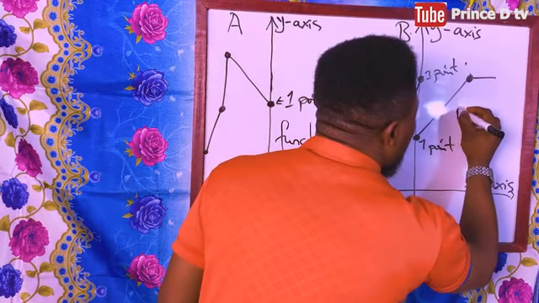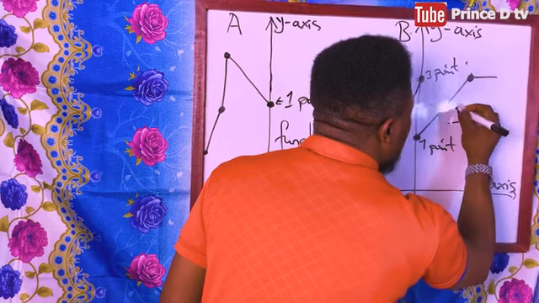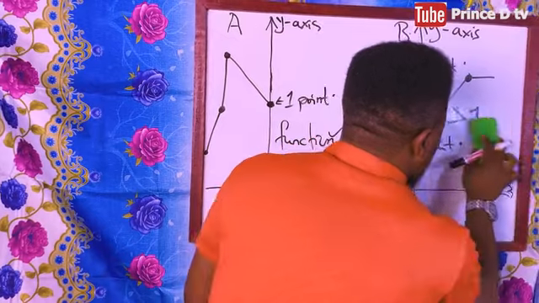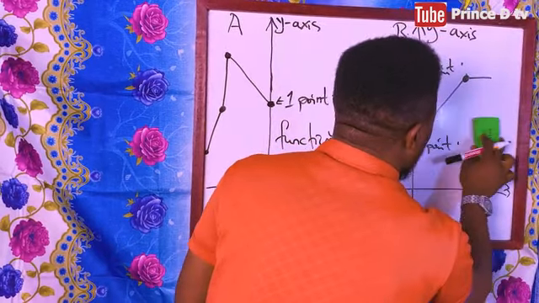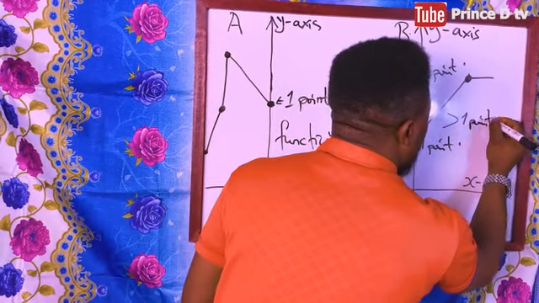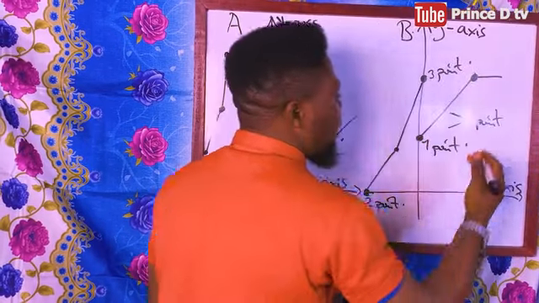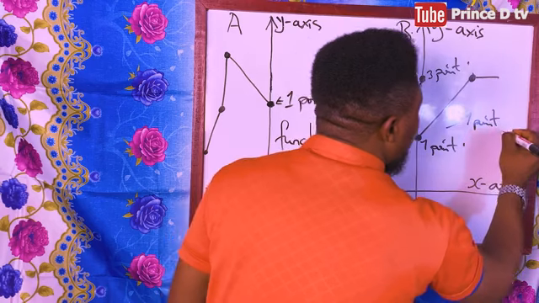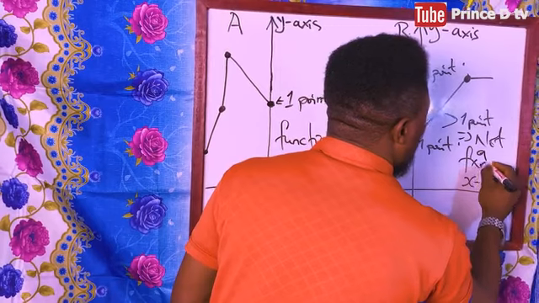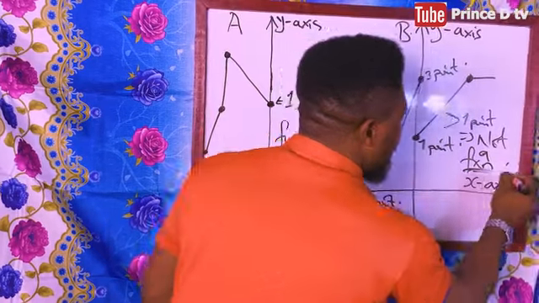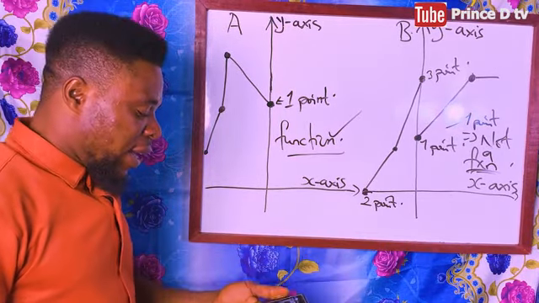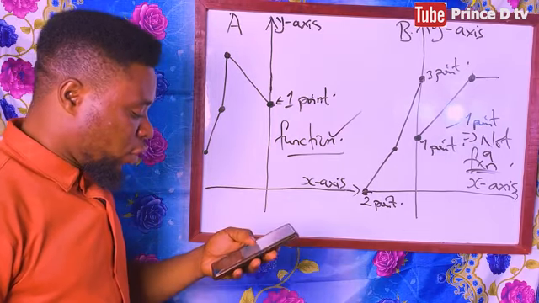So more than 1 point. I'm using the greater than sign, which means greater than 1 point. So this implies not a function. So graph B is not a function, whereas graph A is a function.